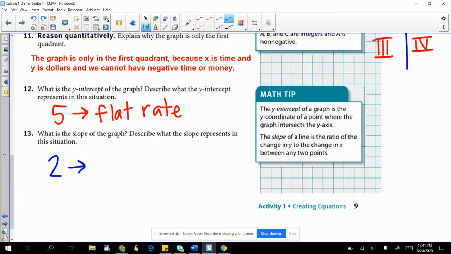It's always going to be a per. So in this case, it's the cost per hour of renting the tube. You could be as specific here as you need to be, but it's the hourly cost. Okay.